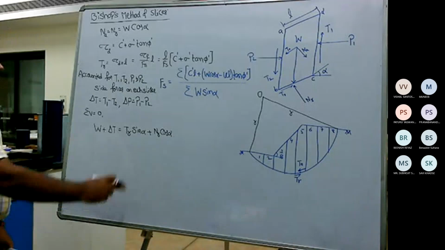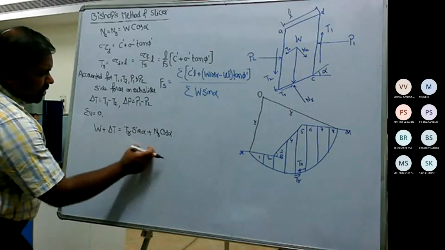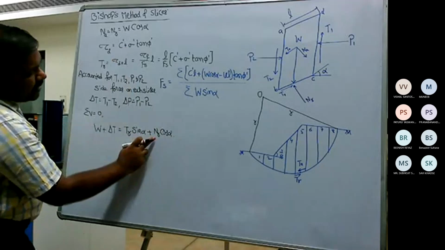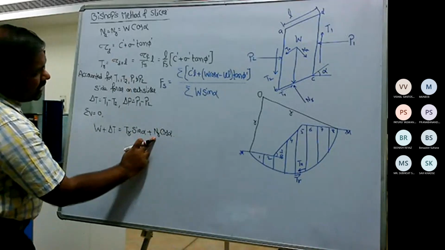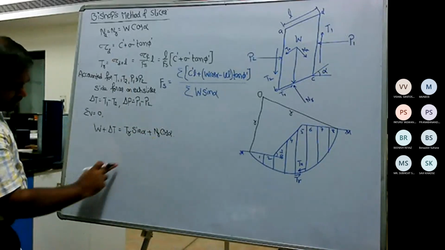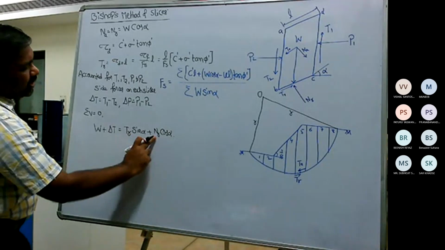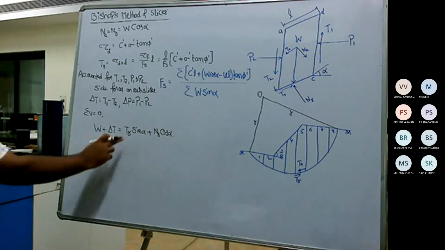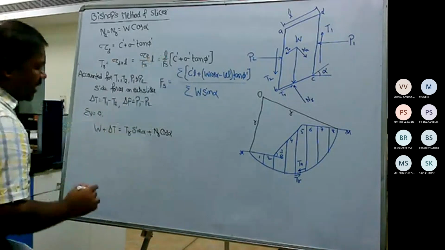As per Bishop, he has tried to rearrange the terms such that he correlates all the terms in terms of NR. So TR also can be written in terms of NR.